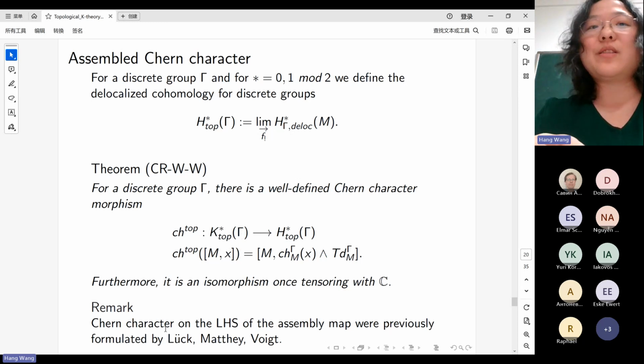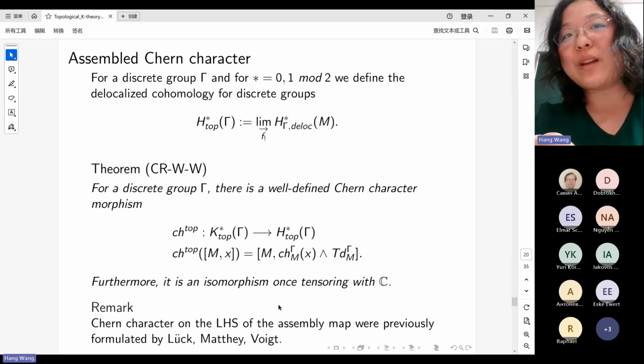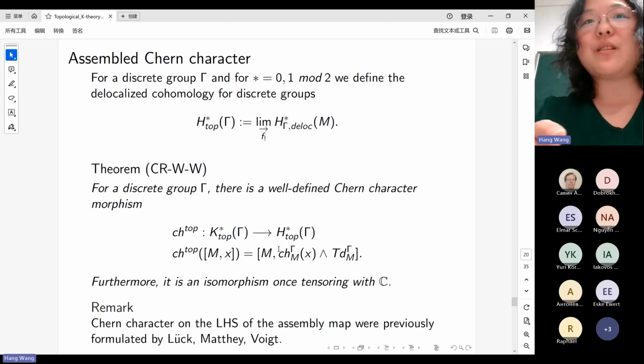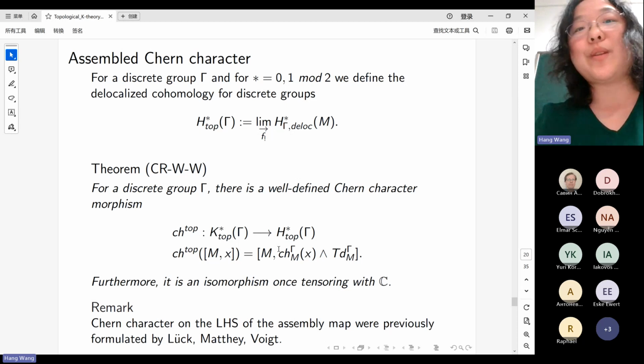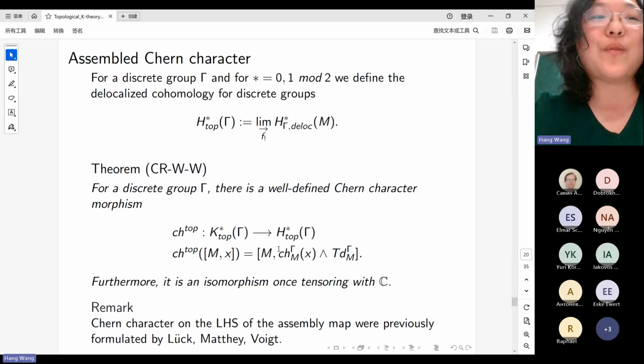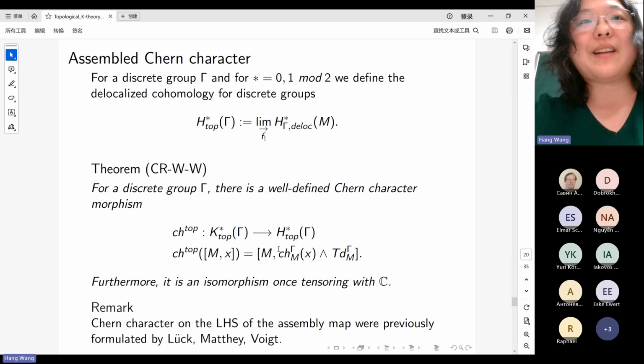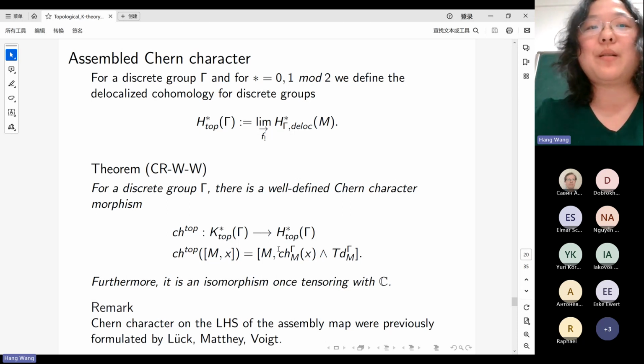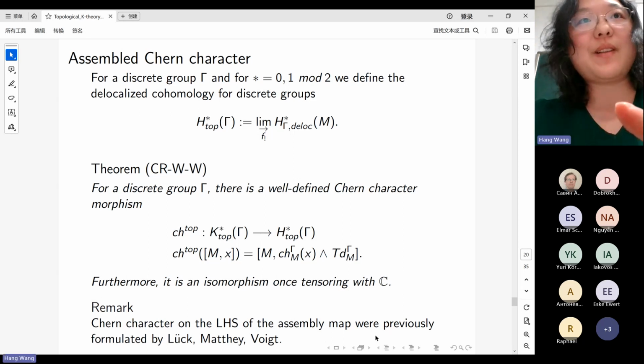And in that case, the Chern character was constructed in several papers by Lück, Matthey, and Voigt. But we want to emphasize that our construction is really very geometric. It takes into account index theory, so it has a very nice index theory feature. But in the previous work, it was more algebraic. Okay, so this is the assembled Chern character.